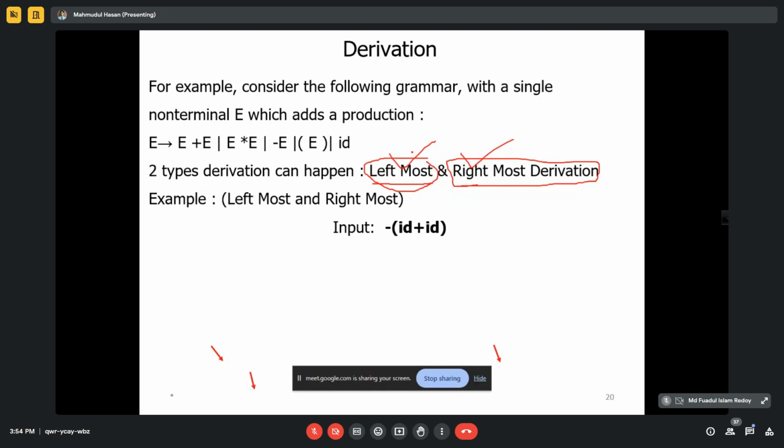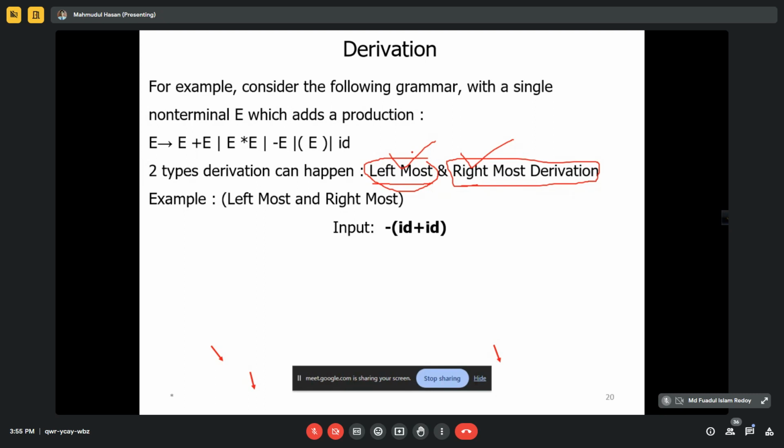I already mentioned that it is possible to replace a non-terminal with a terminal or non-terminal, but you cannot replace a terminal. I will give an example, no problem; I just want to give the theory first.